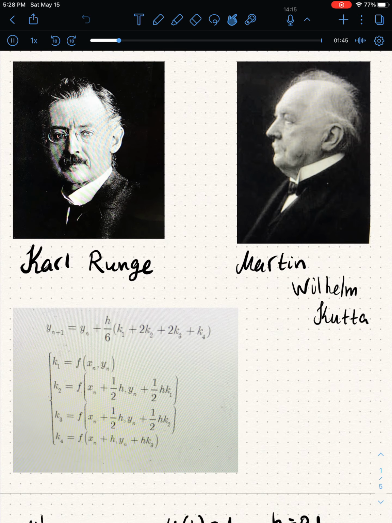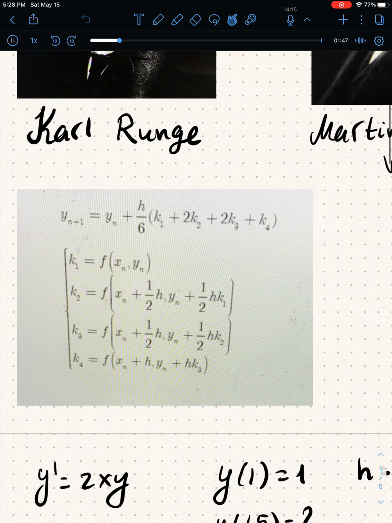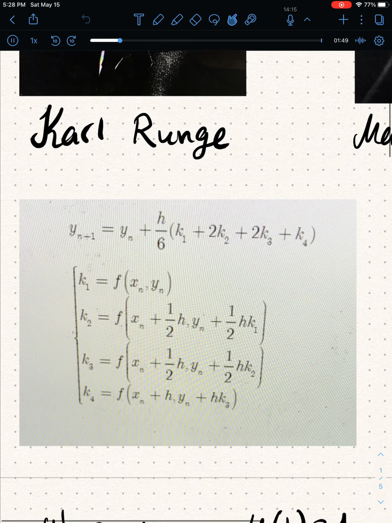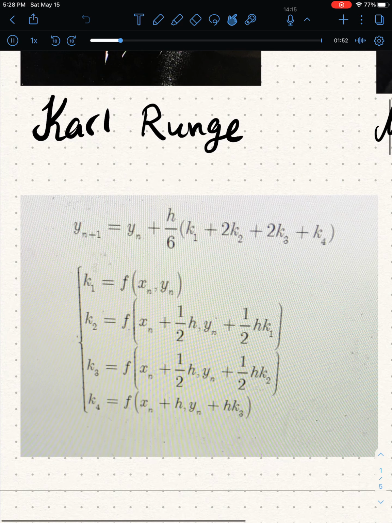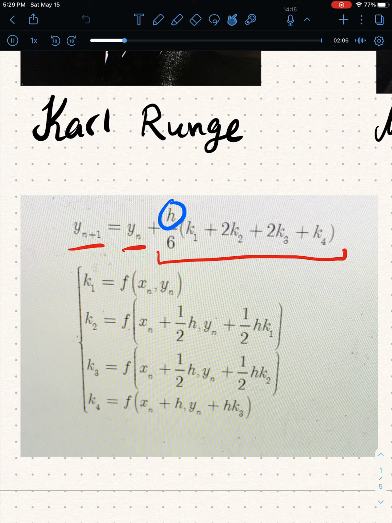And you can see here we have another formula, which still resembles our formula from Euler's method. So we're trying to approximate our new value of y from our previous value of y by adding a set of weights, also multiplying by h, as you saw in Euler's method.